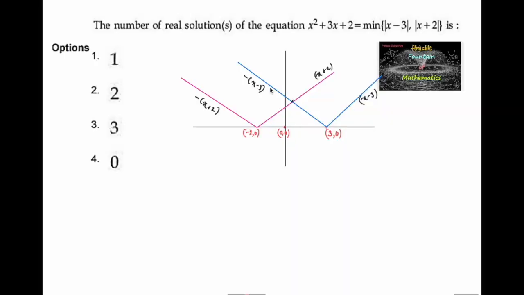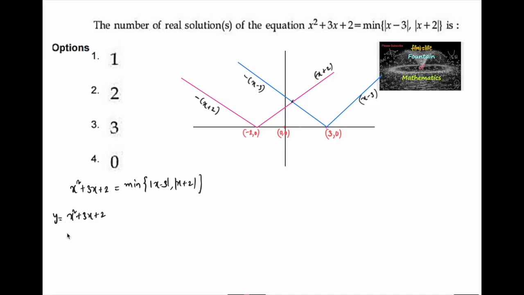We need to find the number of real solutions of the equation x square plus 3x plus 2 is equal to the minimum of mod of x minus 3 and x plus 2. Let us consider the left hand side, x square plus 3x plus 2, say this is y.